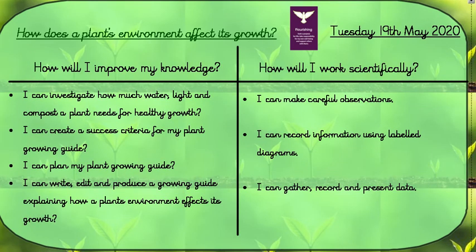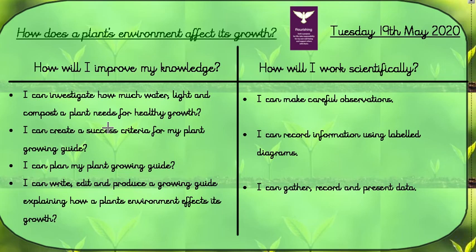Today, we're going to move on from that. We're going to think about creating a success criteria for our plant growing guide. So at the end of this, we're going to be creating a plant growing guide. We're going to be creating a leaflet or a poster or just a page of information about how we can get plants to grow effectively.